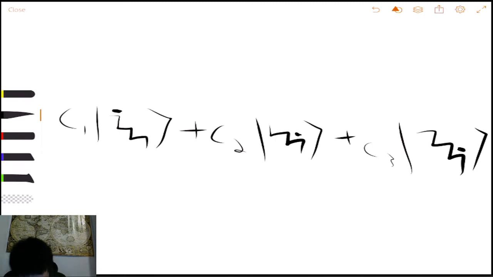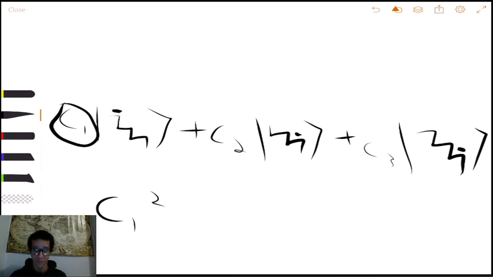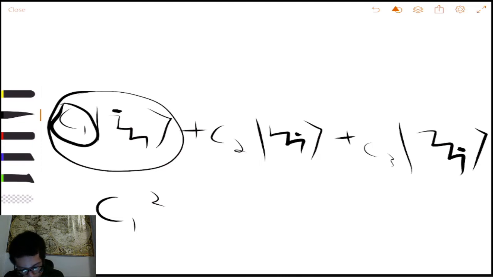So C1 is the ball sitting on the top step, C2 is the ball sitting on the next step down, and C3 is the ball sitting on the next step down from that. Again, you would take C1 and square it, and that would give you the probability of this state being measured.